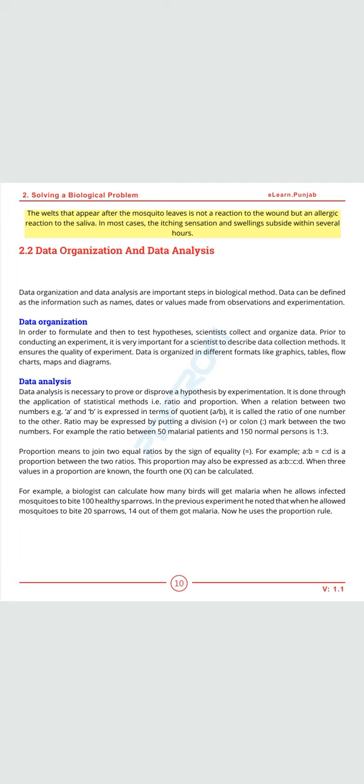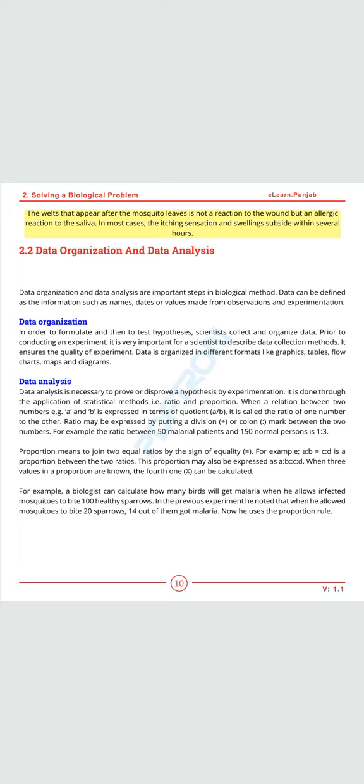Next one, data organization. In order to formulate and then to test hypotheses, scientists collect and organize data. For the experiment that we do to test the hypothesis, scientists collect and organize data about that experiment.